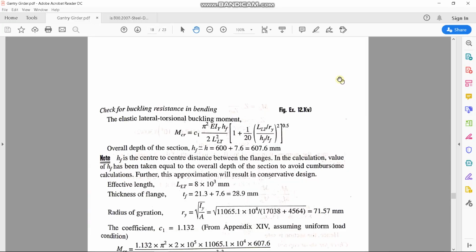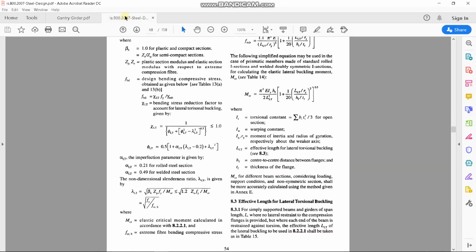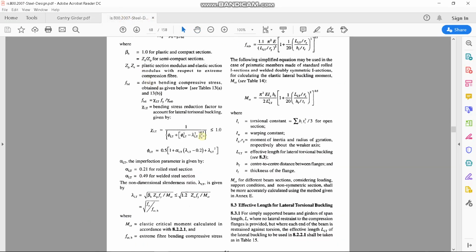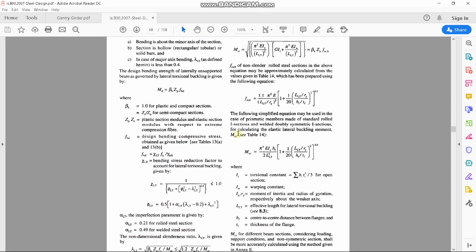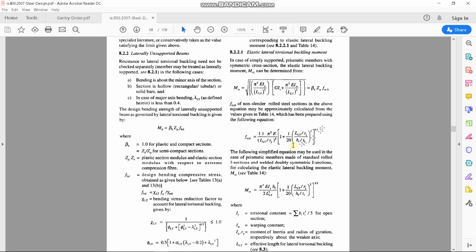Now the next thing that we are going to do here is check for lateral torsional buckling. We already did this step previously in beams, so it is quite simple, but there is one little thing that I'd like to point out. If you remember, this was the step for laterally unsupported beams.